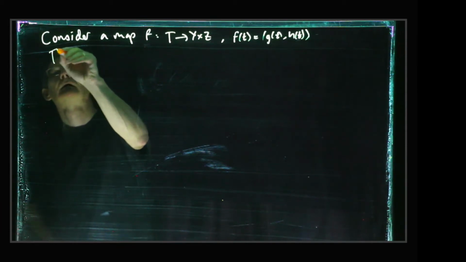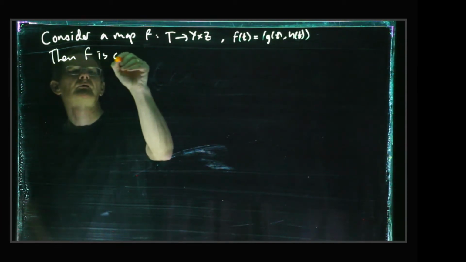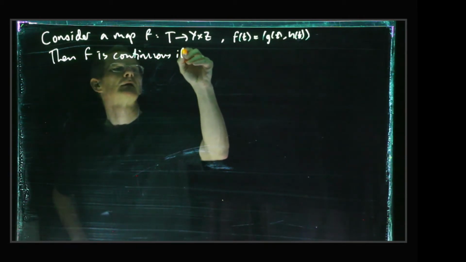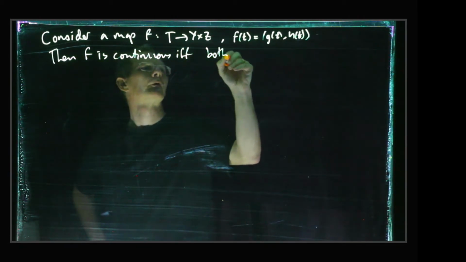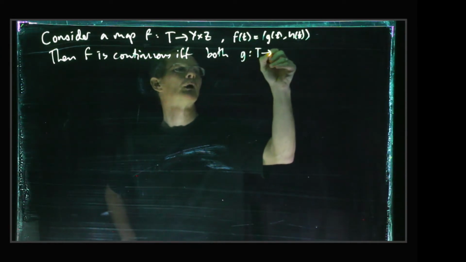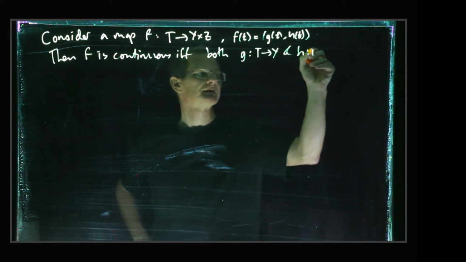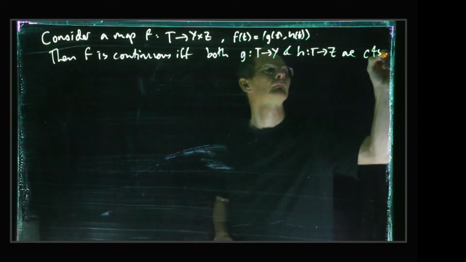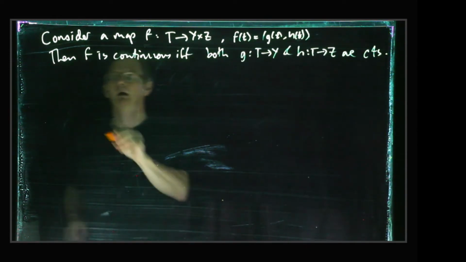Then F is continuous if and only if both G from T to Y and H from T to Z are continuous. There's the proof.